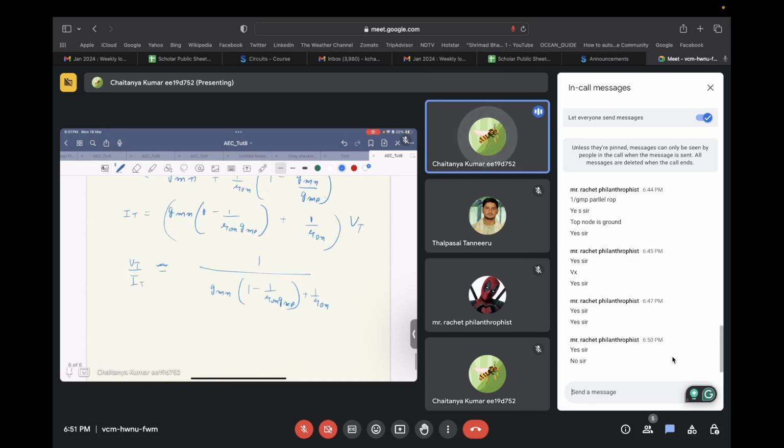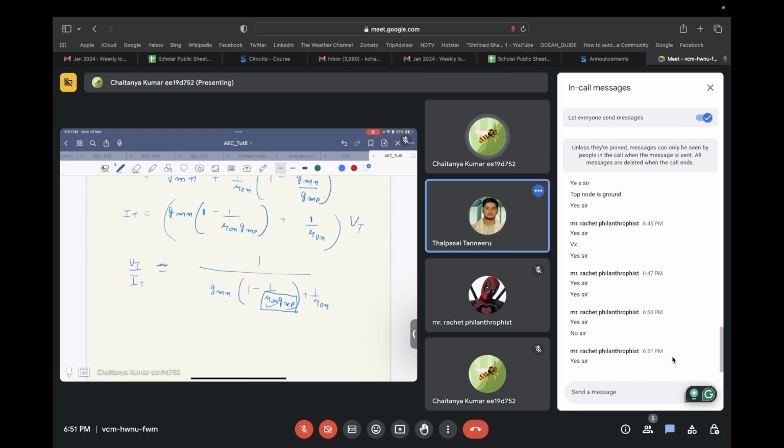That means this term will be much higher than 1. It is basically the output resistance of a transistor multiplied by the transconductance of a transistor. So this term will be much higher than 1. You agree with that? Yes, sir. Okay. So if this term is much higher than 1, then this can be written roughly as Gmn plus 1 by Ron, correct?